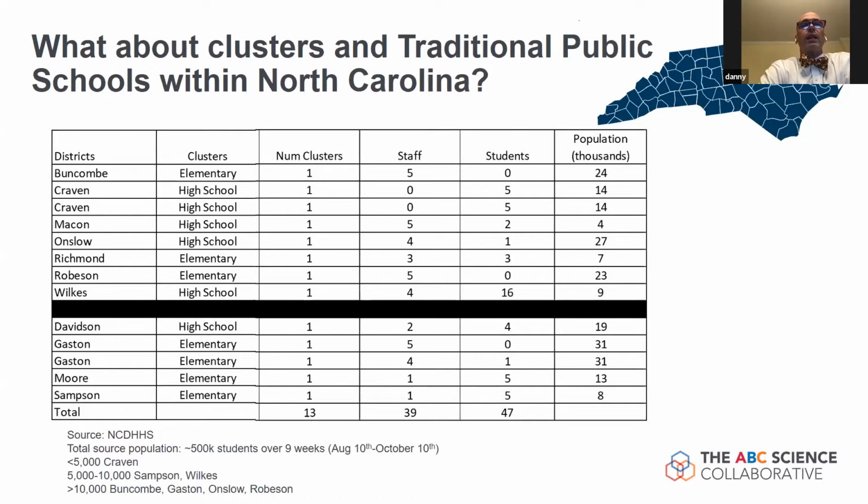The schools above the line are outside of the North Carolina ABC Collaborative, but are in North Carolina. The districts below the black line are in the Collaborative. These are a mix of high school, middle, and elementary schools. And these represent, from across the state of North Carolina, approximately 500,000 children and staff who have been in school over the last 9 weeks.